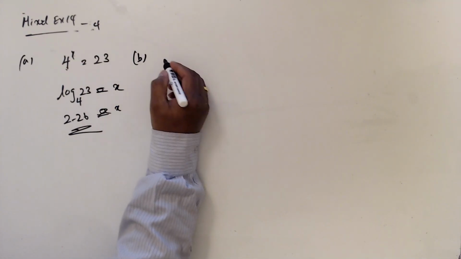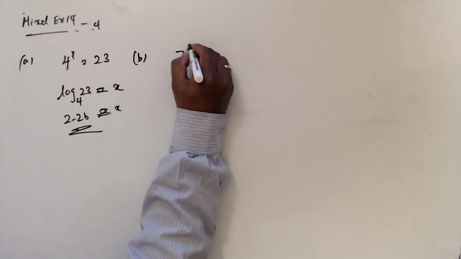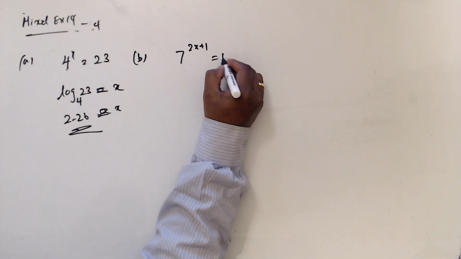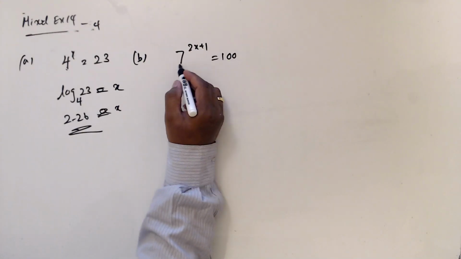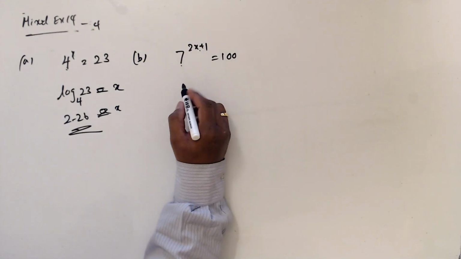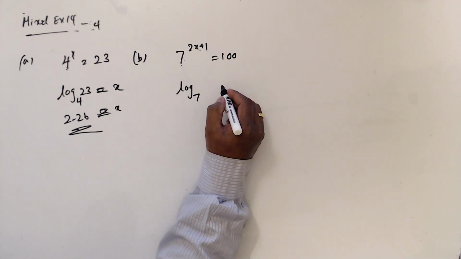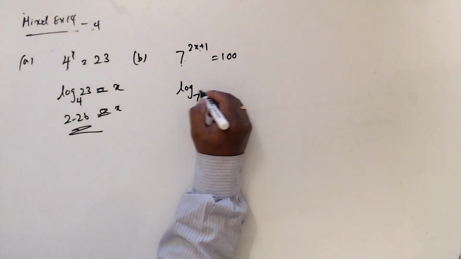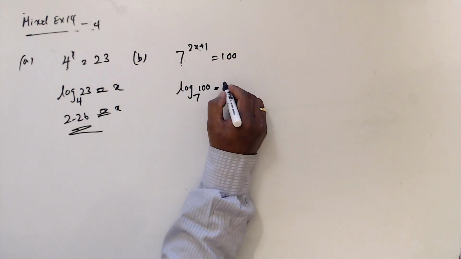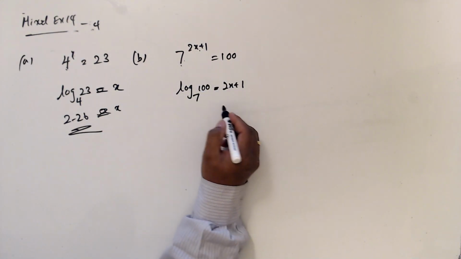And B: 7 to the power 2x plus 1 equals 100. Now what is the base? This is the power. So log 7 base 100 we can write as 2x plus 1.